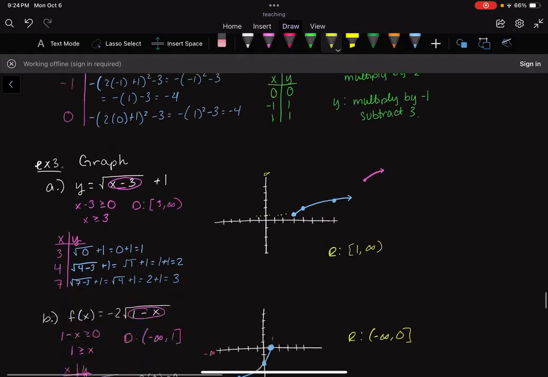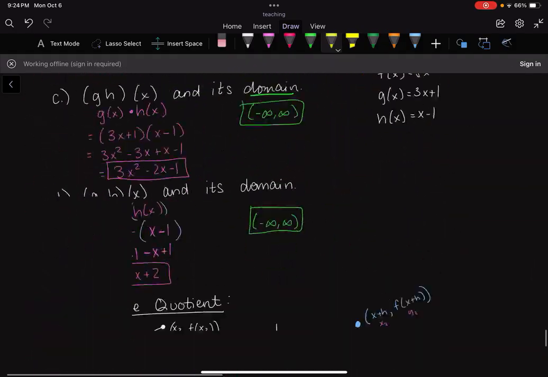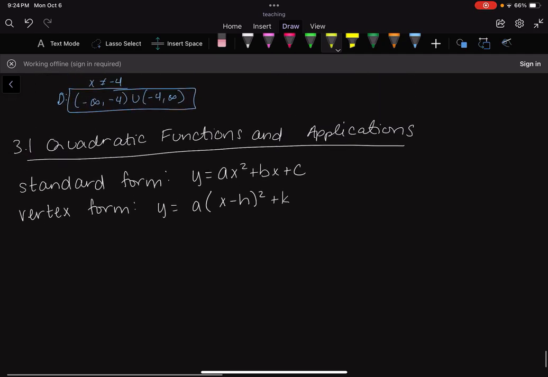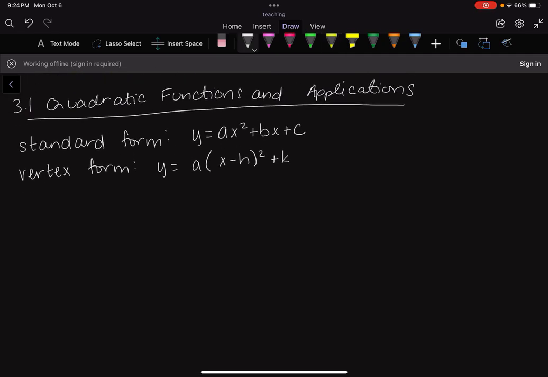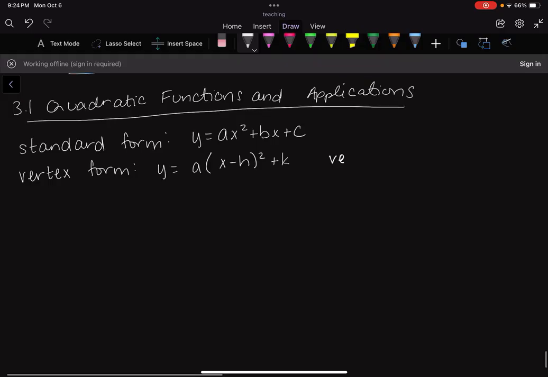So let me go ahead to our new notes and I'll write some of this out for you in a more eloquent way. So when you're in vertex form, your vertex is the point h comma k. So let's look at a little bit of an example.